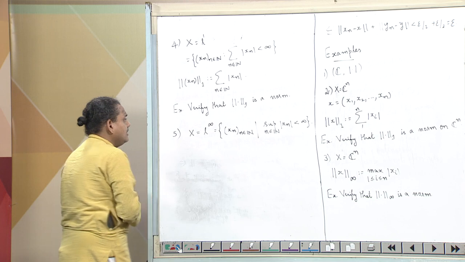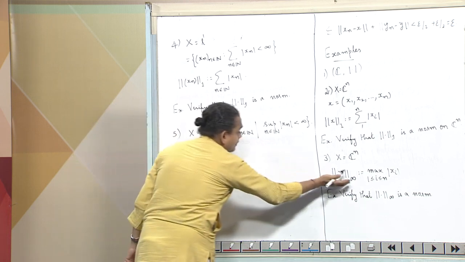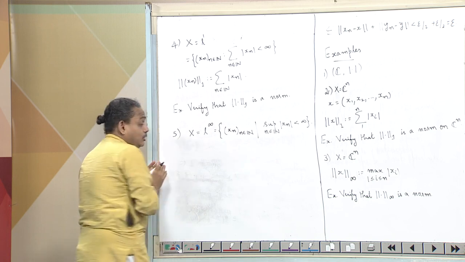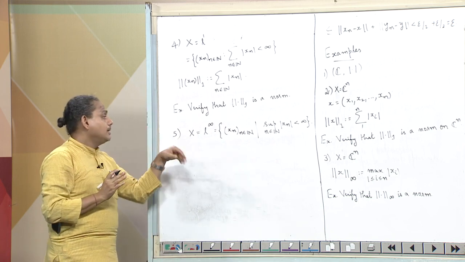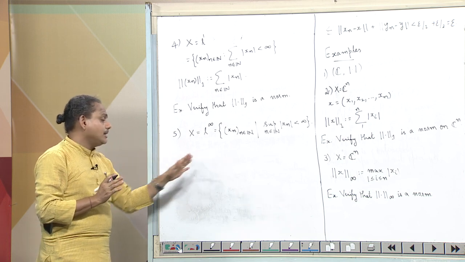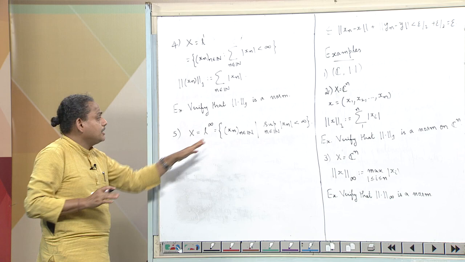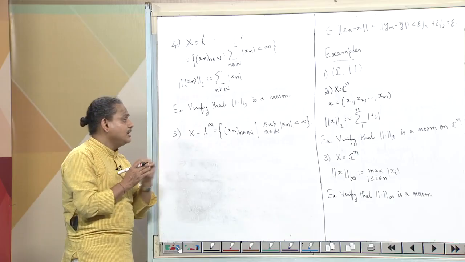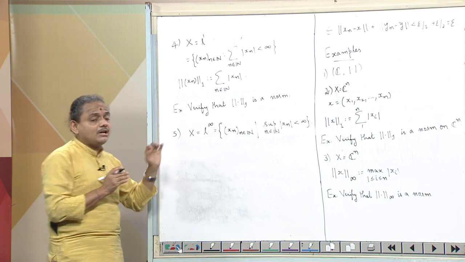The same proof again, whatever we did in the case of the infinity norm on C^n, more or less the same proof, but you will have to be a bit alert because you are dealing with the infinite case. There you have only a finite number of terms, here you will have an infinite number of terms. So, you will have to be a bit alert.